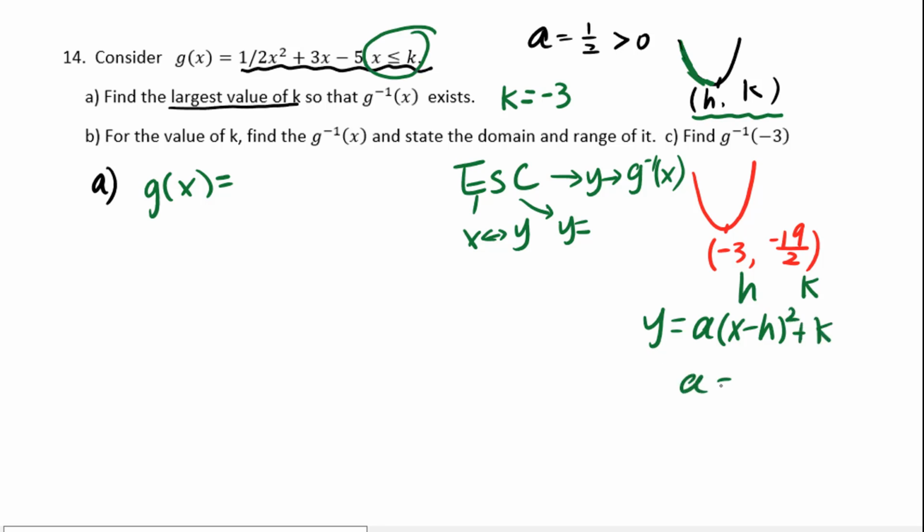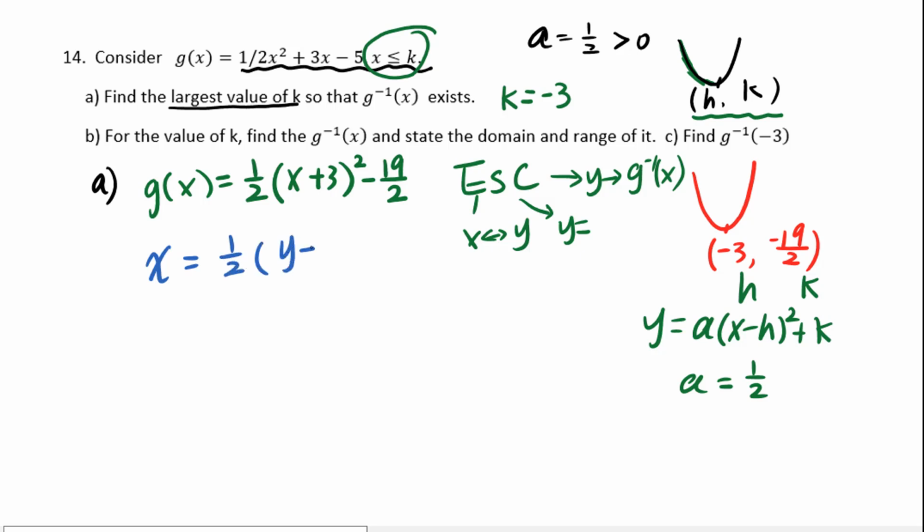A from g of x, we know, is 1/2. So we write down 1 over 2 times x plus 3 squared minus 19 over 2. First step, exchange x and y. So we have x equals 1 over 2 times y plus 3 squared minus 19 over 2.